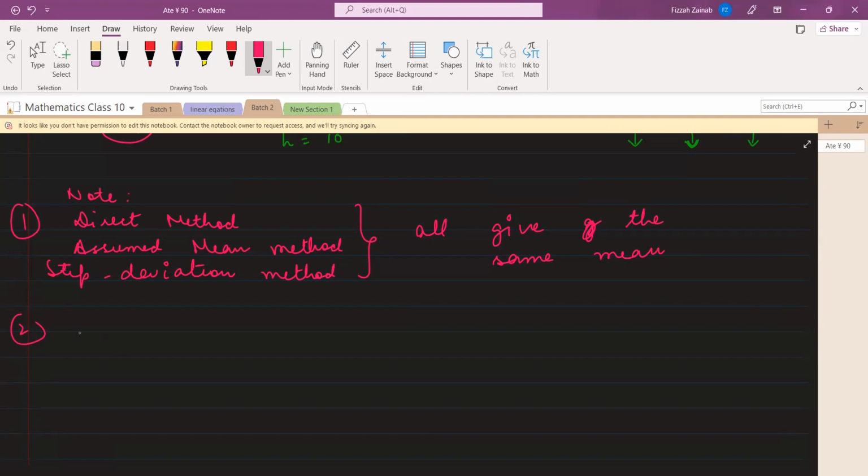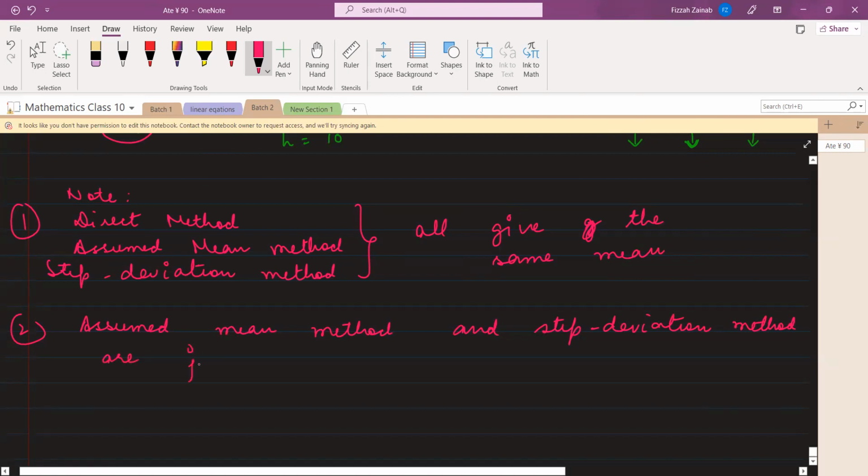So you can write that assumed mean method and step deviation method are just further simplification of direct method.